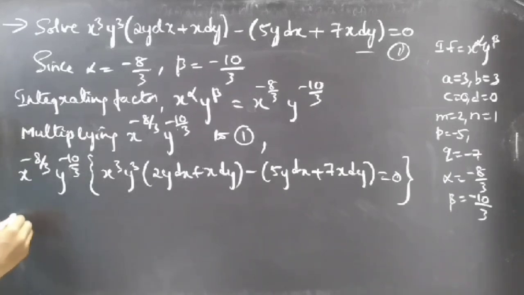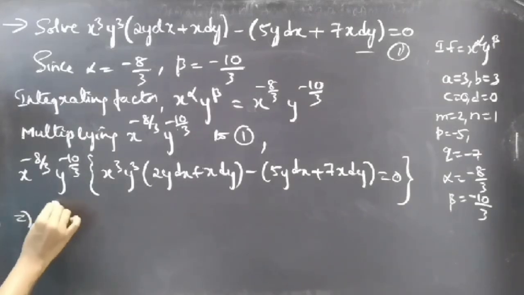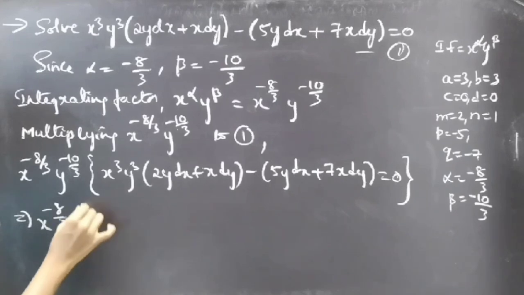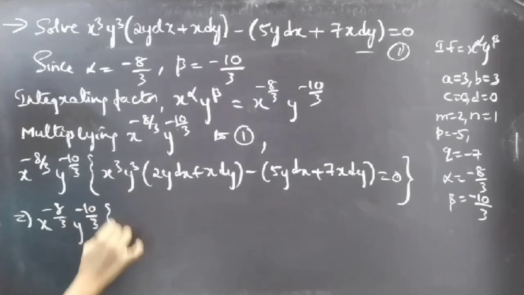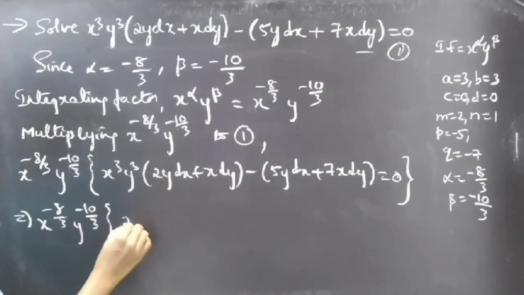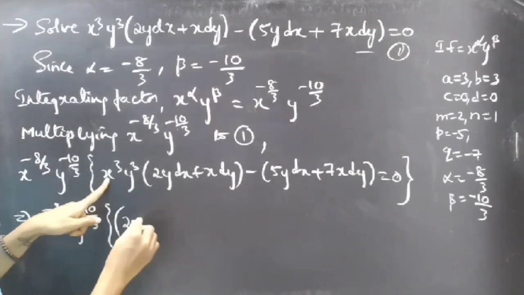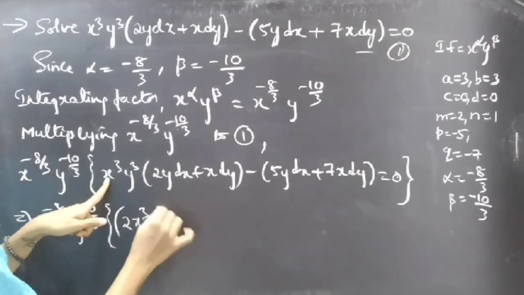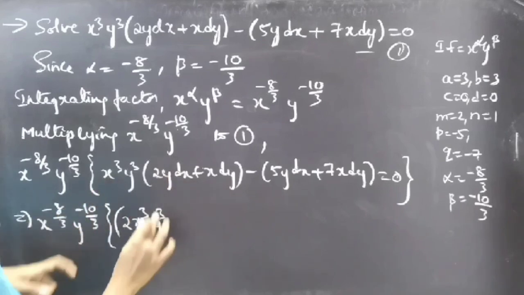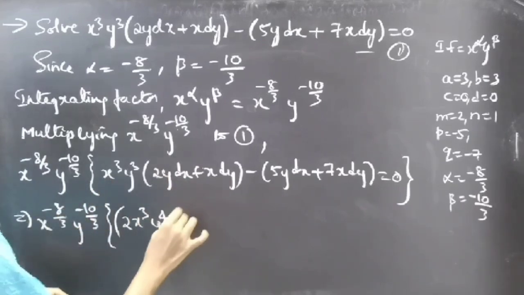This gives us x power minus 8 by 3 y power minus 10 by 3 into 2 into x cube y cube into y gives y power 4 into dx.